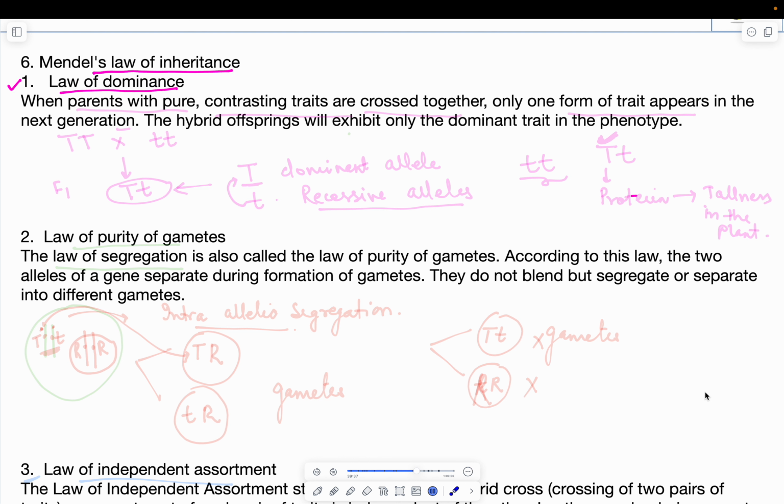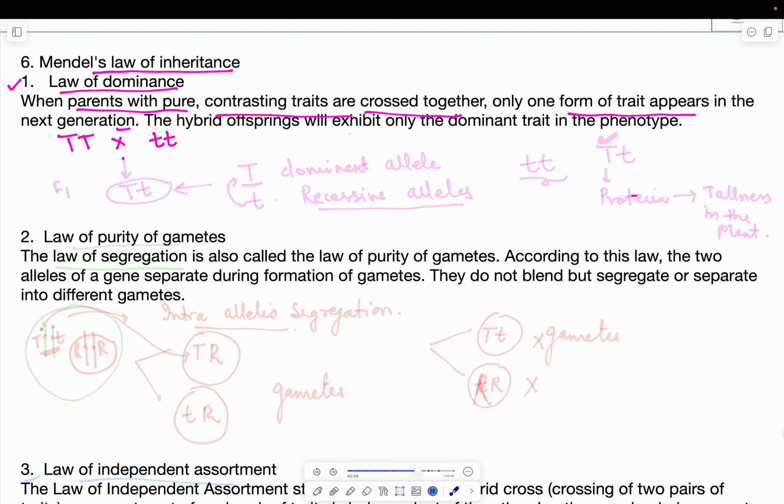What it says: when parents with pure contrasting traits are crossed together, say you take a pure tall parent, homozygous tall, and cross it with a pure parent which is recessive, dwarf, only one form of trait appears in the next generation.